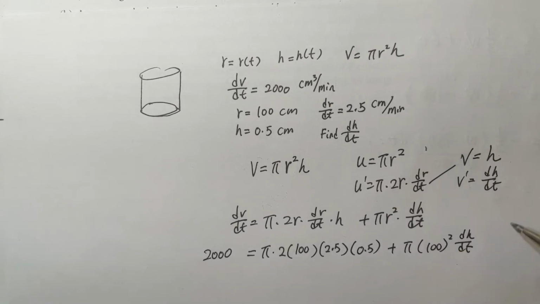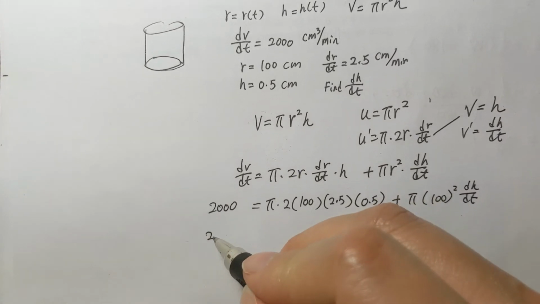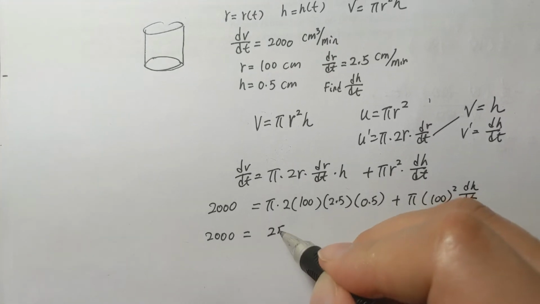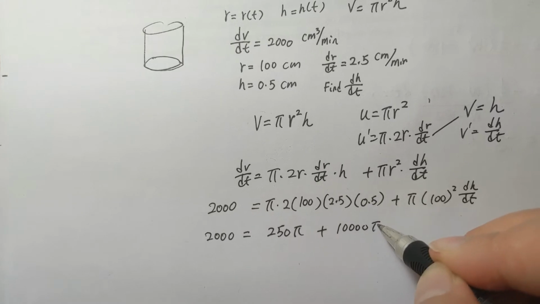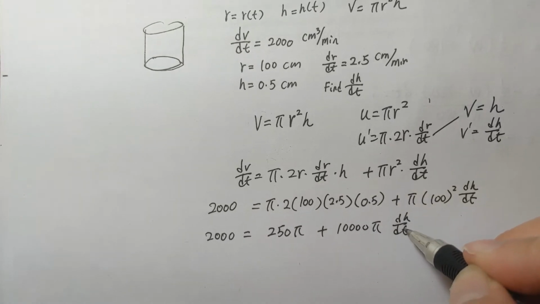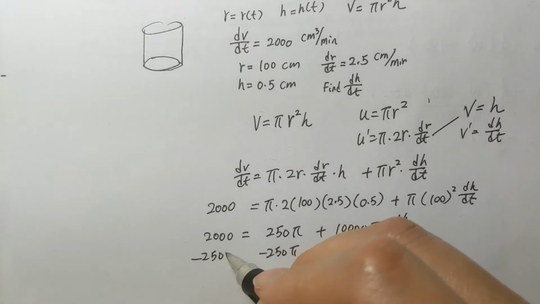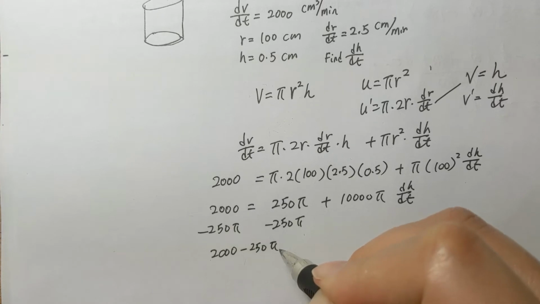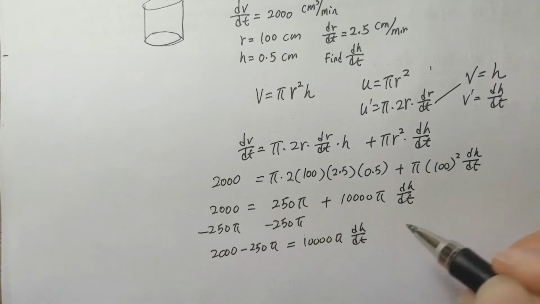After we did the substitution, the next step is just regular algebra to solve for dh/dt. So we have this multiplication, you can use a calculator, and this will be, now we're going to subtract 250 pi from both sides, and then we get 2,000 minus 250 pi equal to this.